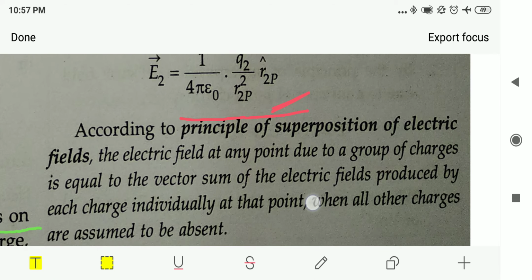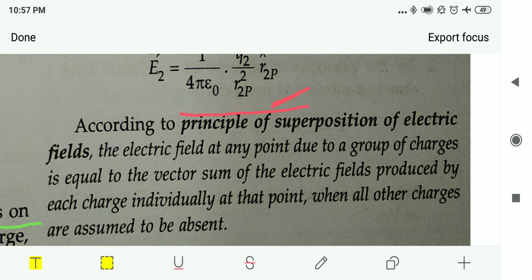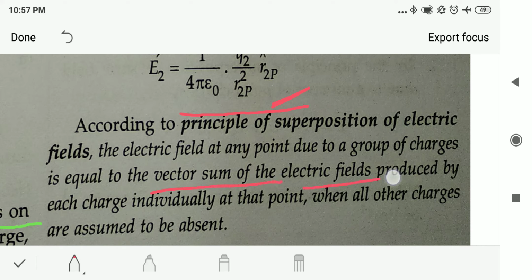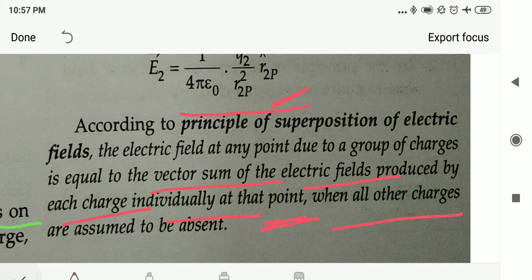According to the principle of superposition of electric fields, the electric field at any point due to a group of charges is equal to the vector sum of the electric fields produced by each charge individually at that point when all the other charges are assumed to be absent.